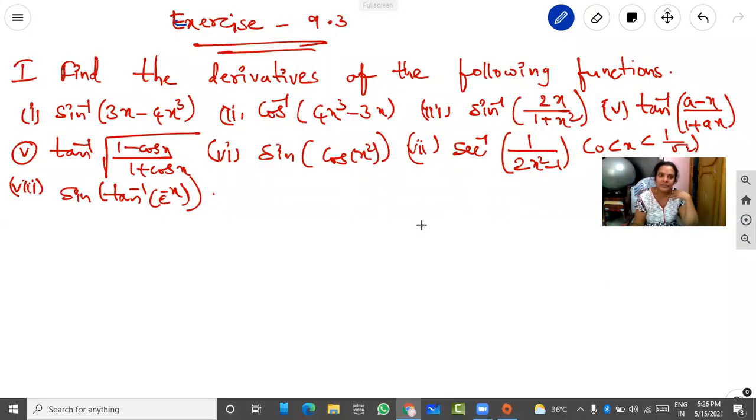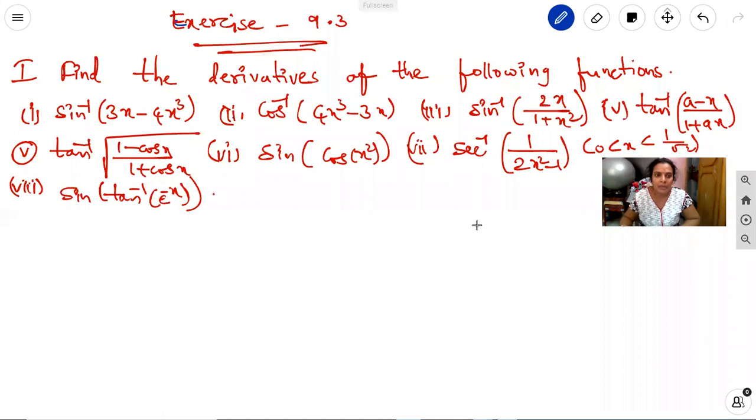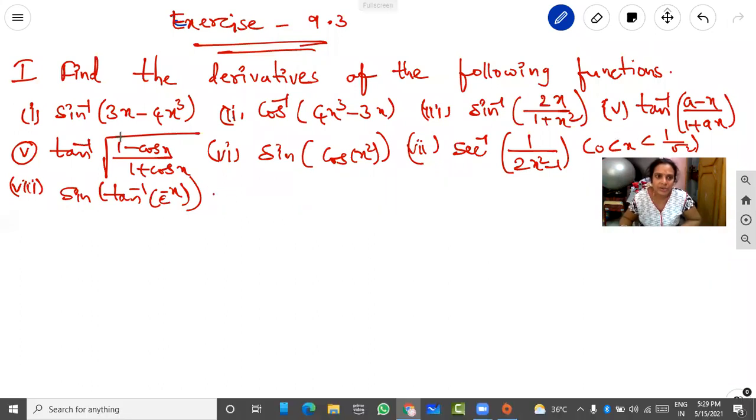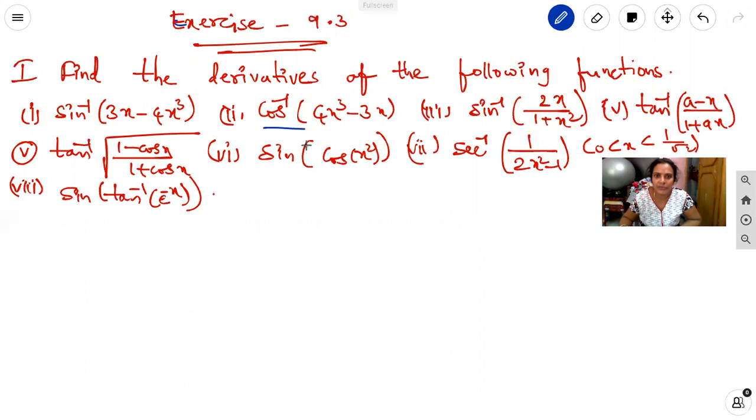Exercise 9.3. Find the derivatives of the following functions. First question, sine inverse of 3x minus 4x cube. Second one, cos inverse of 4x cube minus 3x. Third, sine inverse of 2x by 1 plus x square. Fourth, tan inverse of a minus x by 1 plus ax.